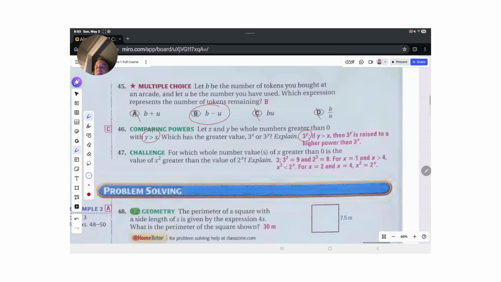And our last problem here for the set, before we move on to problem solving, which will be in our next video, will be number 47. This is our challenge problem. For which whole number value or values of x greater than 0 is the value of x squared greater than the value of 2 to the x power? Explain. So this is easier if we make a comparison table instead of just guessing. So what happens when we compare x equals 1, 2, 3, 4, 5?